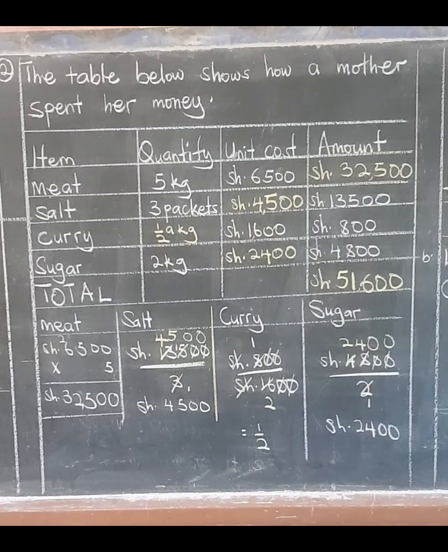We remain with 800 divided by 1,600. First of all, we cross out the zeros up with the zeros down, because up we have 2 zeros and down we have 2 zeros, meaning we've remained with 8 divided by 16. Both these numbers are multiples of 8, so we divide them by 8. 8 divided by 8 gives us 1.